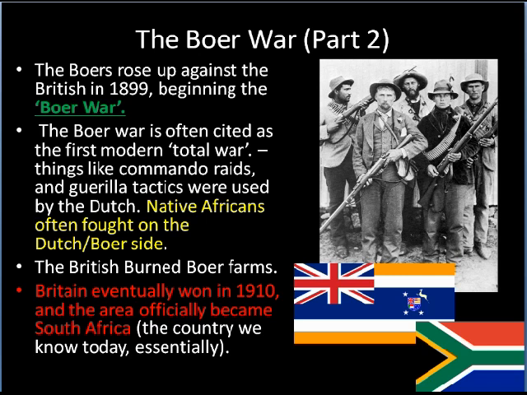A lot of bad things are occurring, things that we will see reoccur during World War I and II. Eventually, Britain wins in 1910, and the area officially becomes the Union of South Africa, essentially the country we know today. Well, that is obviously an oversimplification of the Boer War, but just to give you an idea of what is going on.